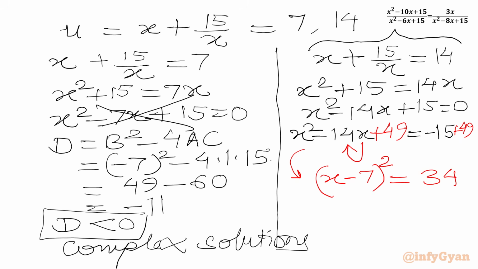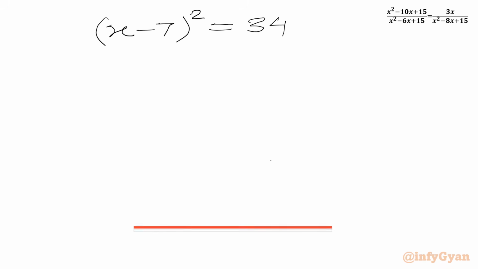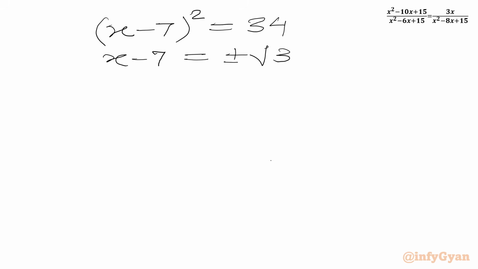So finally we have one equation where we will get real solutions as the square is positive. So I will write here x minus 7 whole square equal to 34. Now we will take the square root on both sides and write x minus 7 equal to plus minus square root of 34.